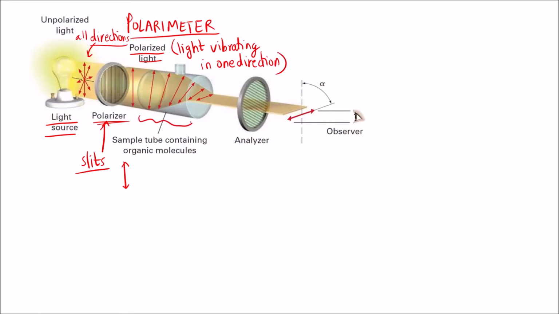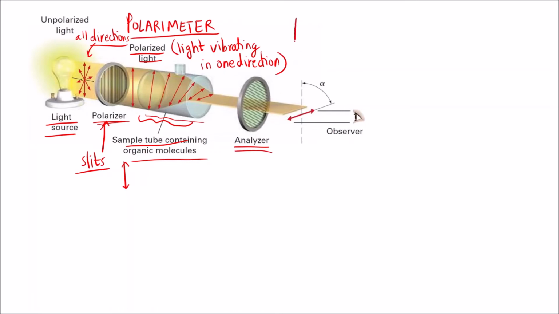Next comes the sample tube. The sample tube will contain the compound that we have to find out whether it is optically active or not. If the sample is optically active, you can see here the direction of the polarized light, which was vertical, is changing, and then it is detected by this analyzer.